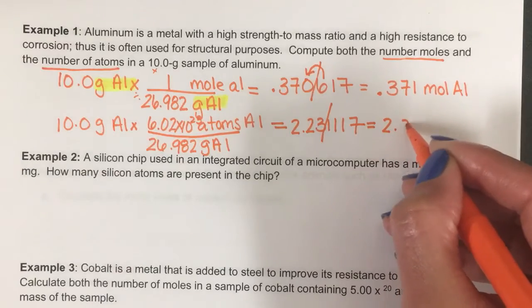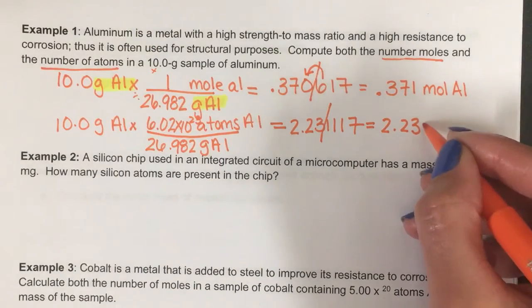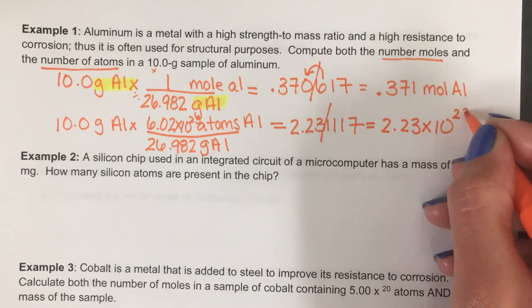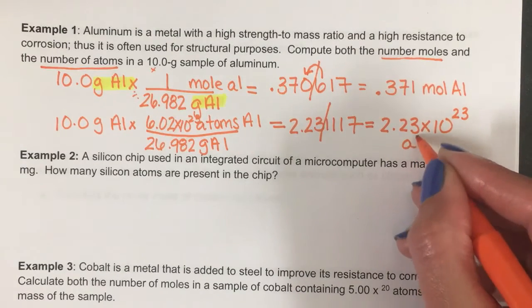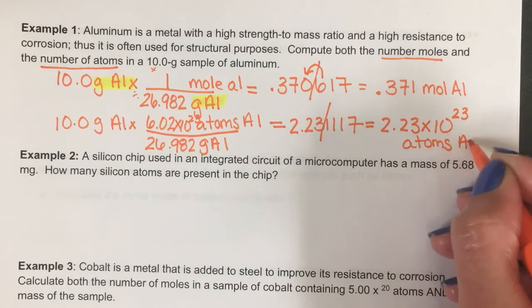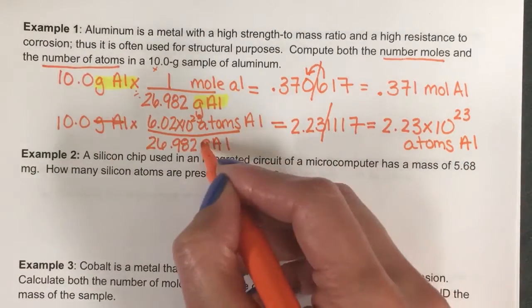So it'll be 2.23. Now that's not all my calculator will say. Depending on the type of calculator I have, it might have a little caret next to it, it might have e to some number, but it's going to be times 10 to the 23rd atoms of aluminum. Okay? My grams went away.